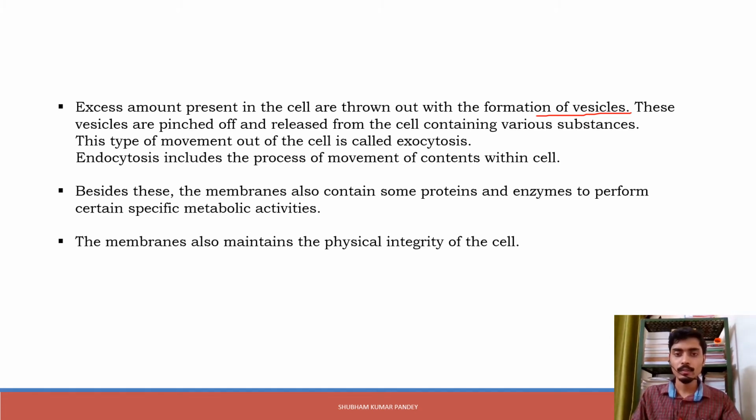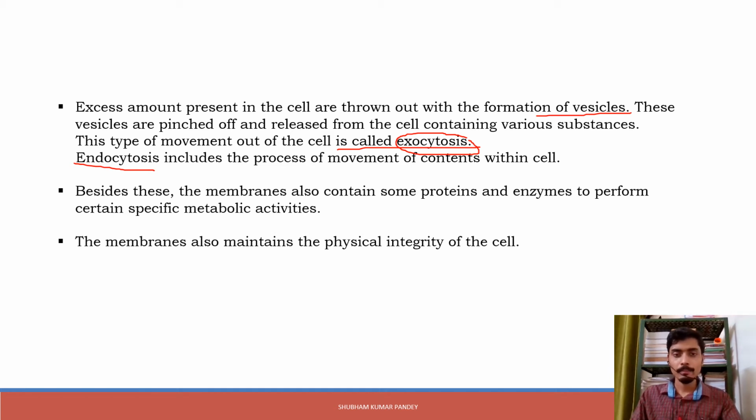This type of movement out of the cell is called exocytosis, the pinching off of excess material outside the cell. The opposite of exocytosis is endocytosis. Endo means inner, exo means outer or external. Endocytosis includes the movement of contents into the cell. So there is continuous movement outside the cell and inside the cell also.